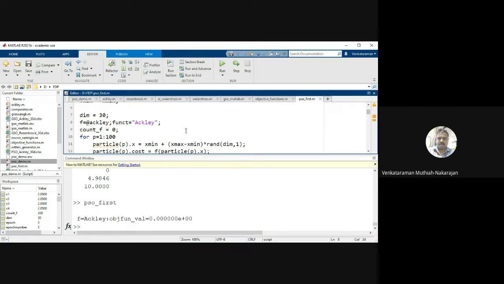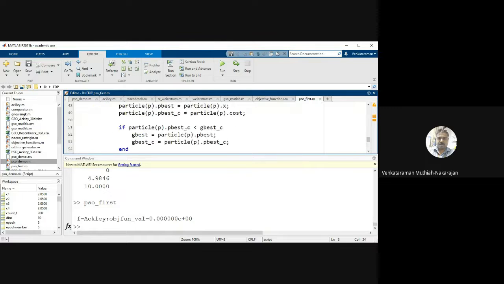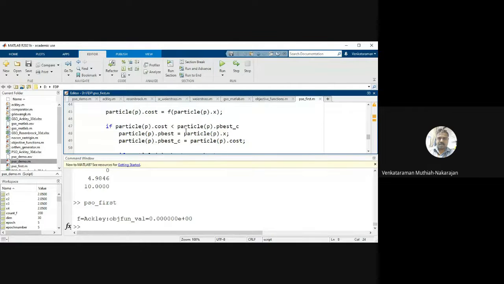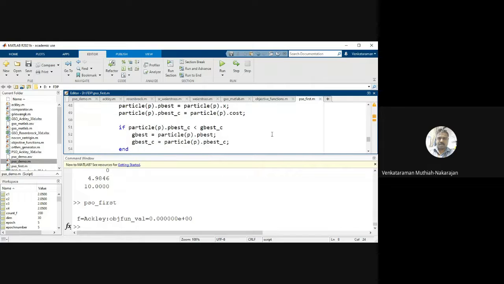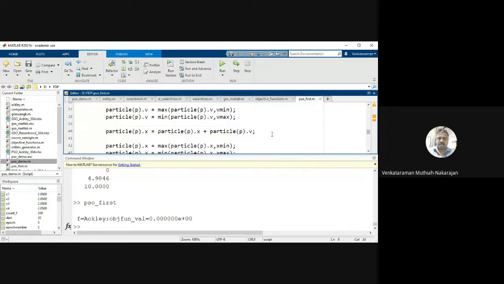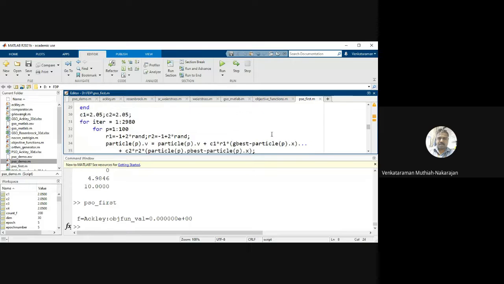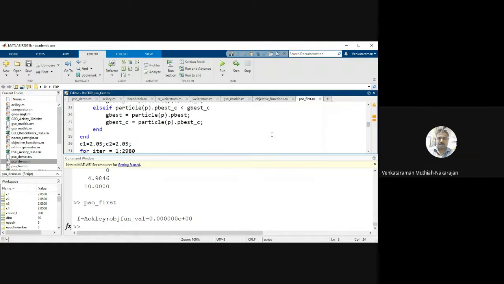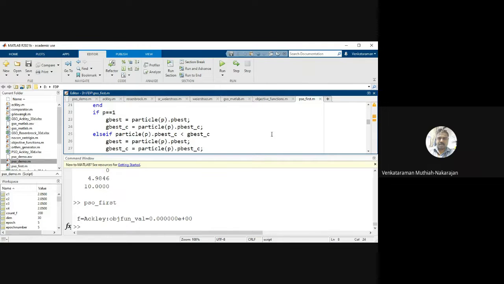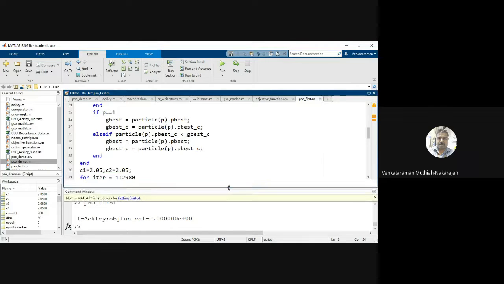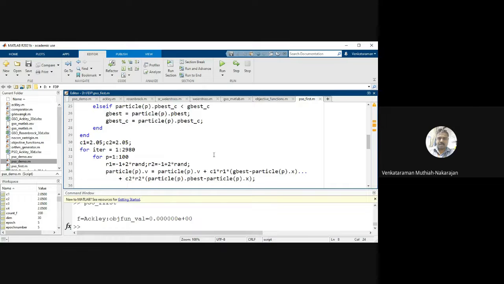Okay, that's also figured out for Ackley. It's getting 0. Any questions?